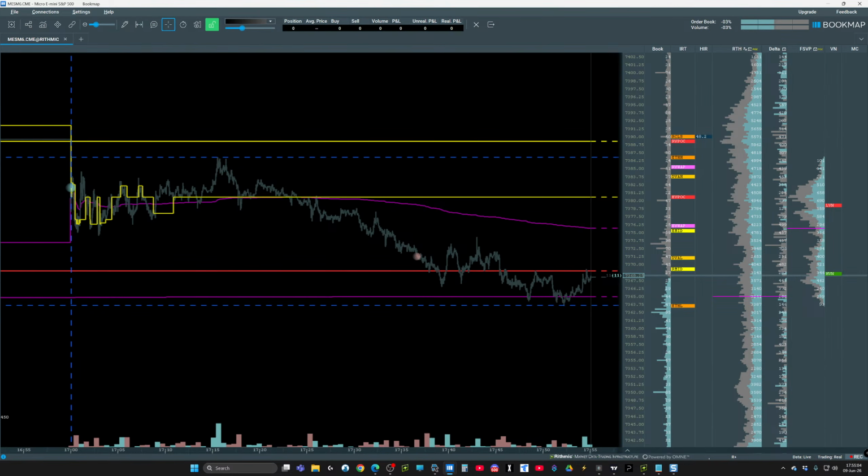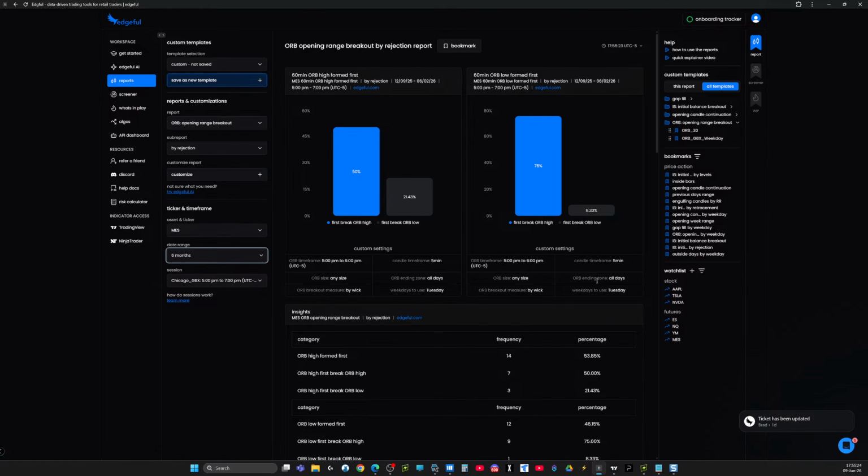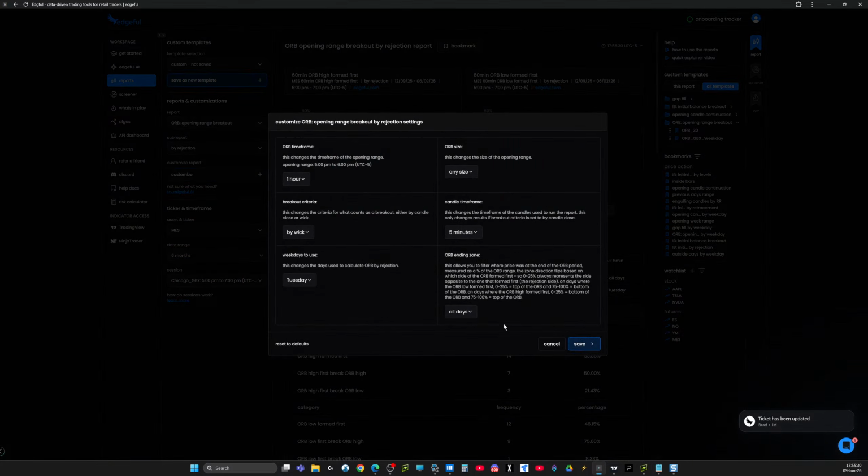Now we continue to make new lows, you see. We have not yet formed the final candle, which will determine which one of these zones the ending zone is in, and that dictates this one more input, which is here, and these are the different zones.